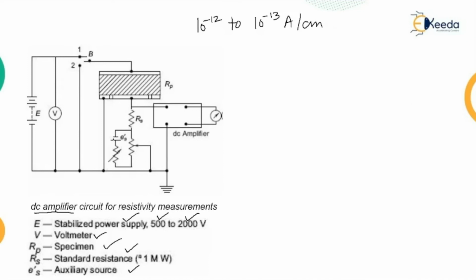So this particular figure has the DC galvanometer of the previous figure replaced by a DC amplifier for resistivity measurement. Here the DC amplifier is used as a null detector.